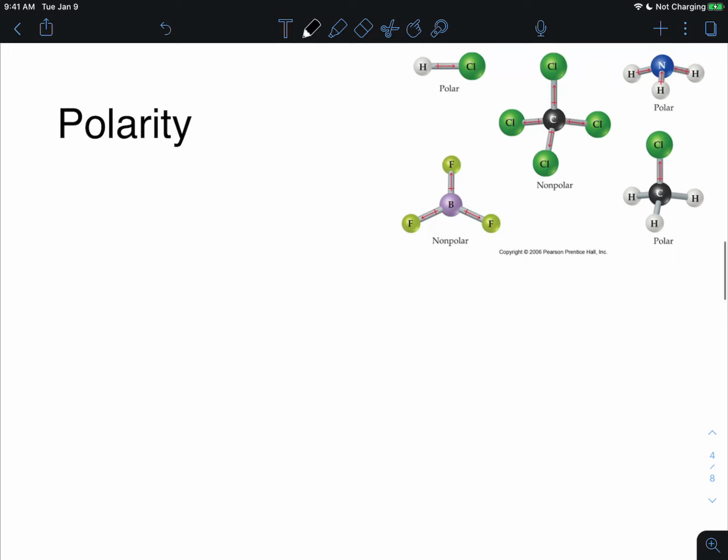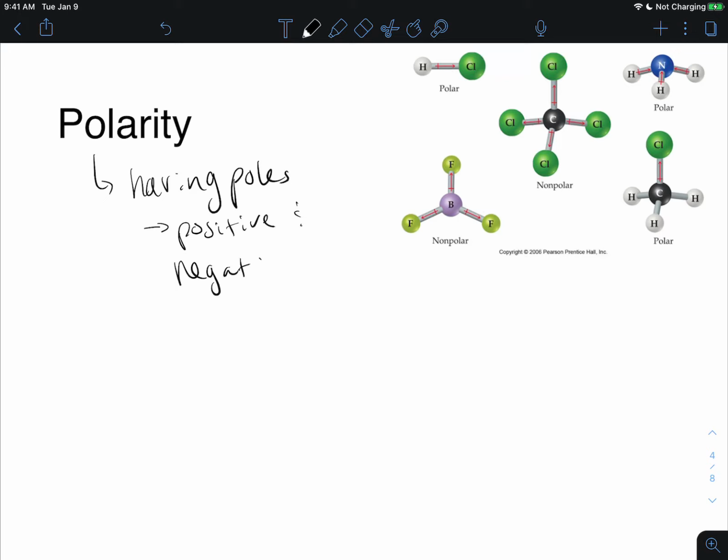Okay, so whenever we have this polarity, this is the idea of having poles. So a positive and negative pole. And as such, it kind of acts like a little magnet, where positives will like negatives, negatives will like positives.